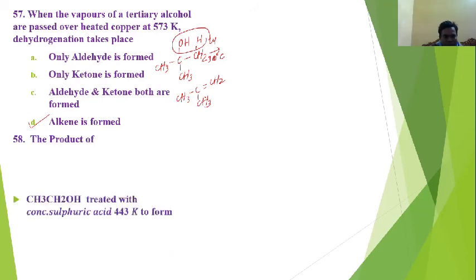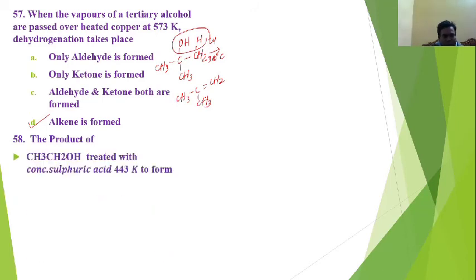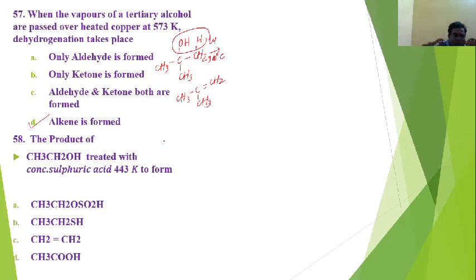Next question: the product of ethyl alcohol treated with concentrated sulfuric acid at 443 Kelvin. 443 Kelvin means 170 degrees Celsius. The product is ethene. CH3CH2OH with concentrated H2SO4.